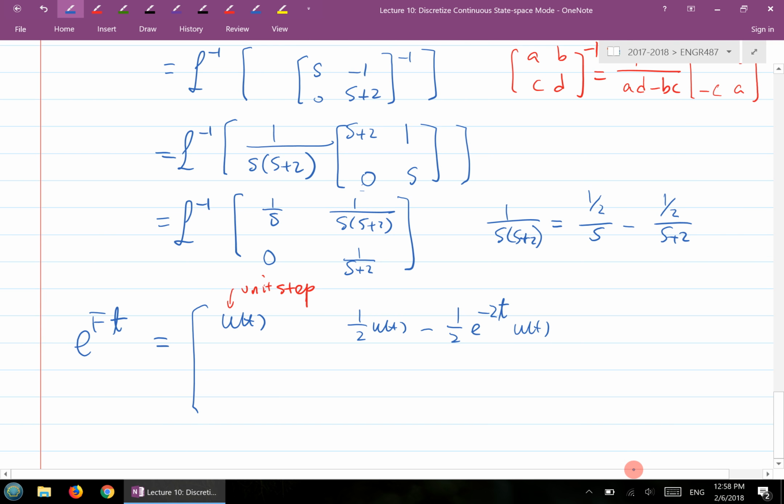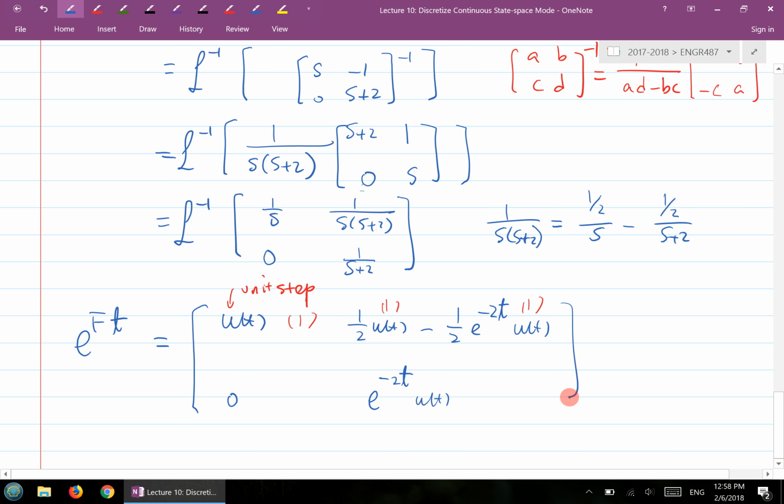To make it simpler, you could consider this just 1 here, and it's just 1 in here, because we're only talking about t greater than 0 values, right? So then this is 0 here, and this is 1, and then I have e to the power of negative 2t, times u of t.